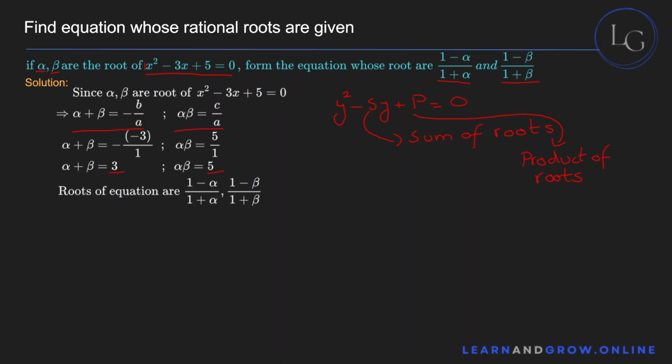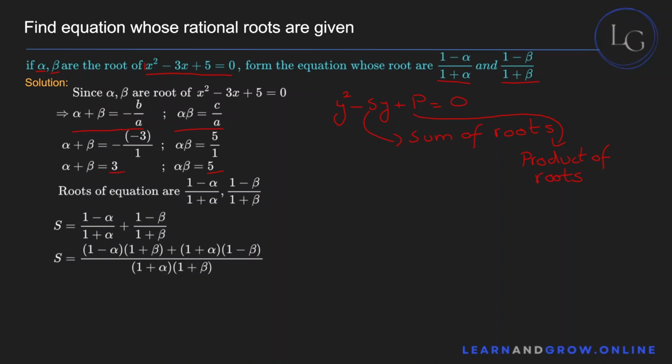Now the roots of the equation are (1 minus alpha) over (1 plus alpha) and (1 minus beta) over (1 plus beta). So we first find the sum of roots. So (1 minus alpha) over (1 plus alpha) plus (1 minus beta) over (1 plus beta). Now, after performing the LCM, you get this term.